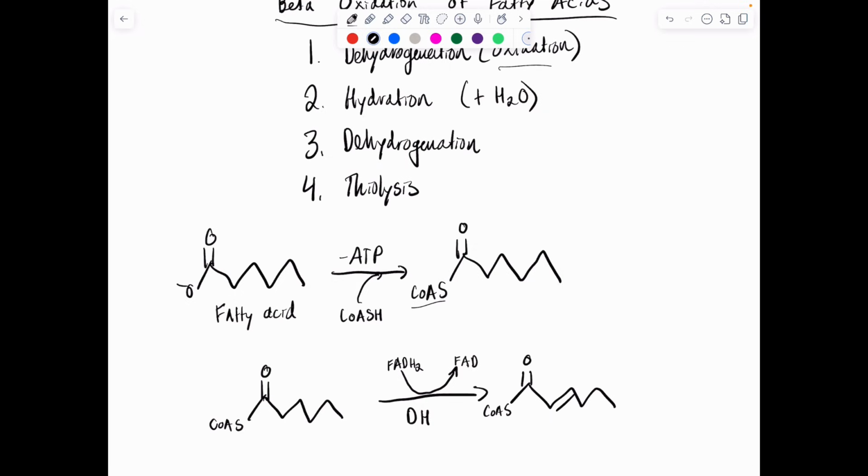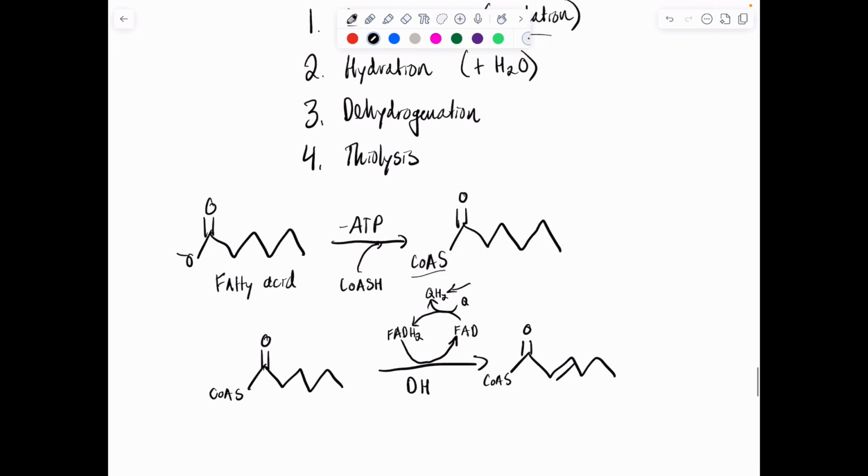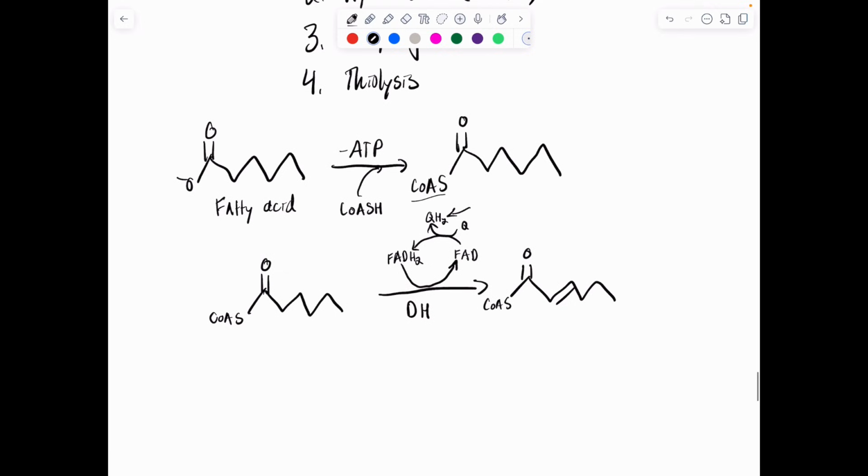It will just become FAD, and that FAD needs, since it's an enzymatic process, it needs to be generated back to FADH. So it's going to go back to FADH, and that's going to be coupled to the reduction of Q to QH2. Doing this makes it so that we produce our QH2 molecule, which is one of the products from one round of beta oxidation. So we did our first step, and we have our dehydrogenation, we got our QH2, and we look like this right now.